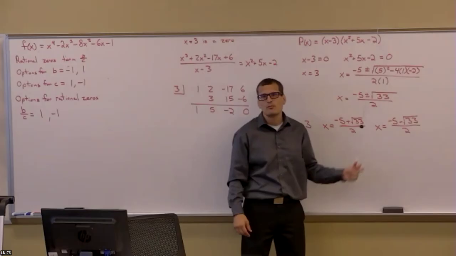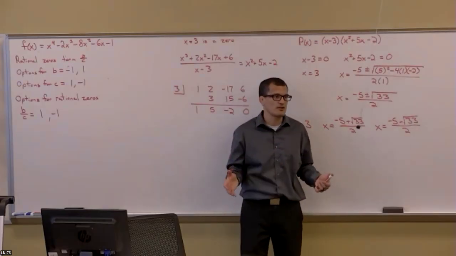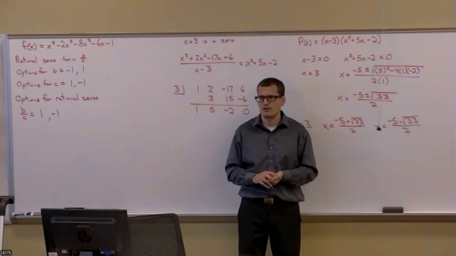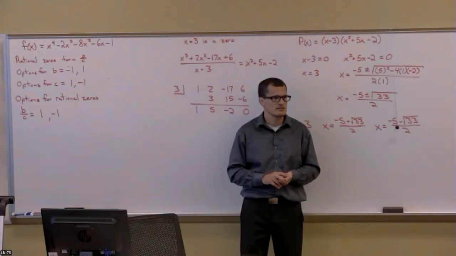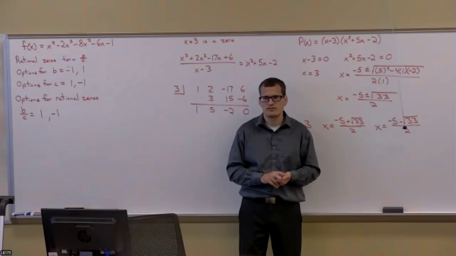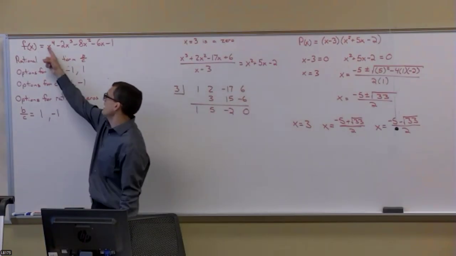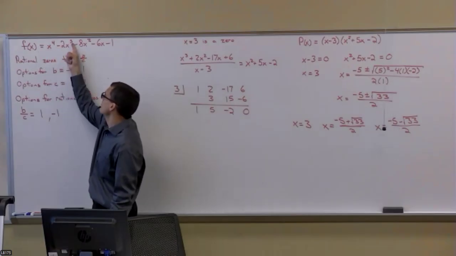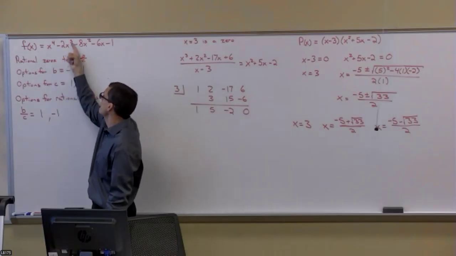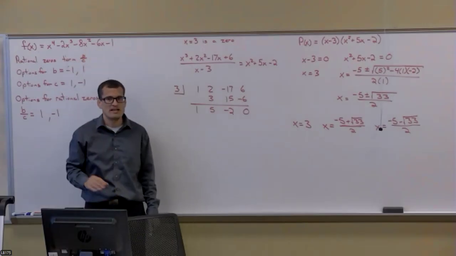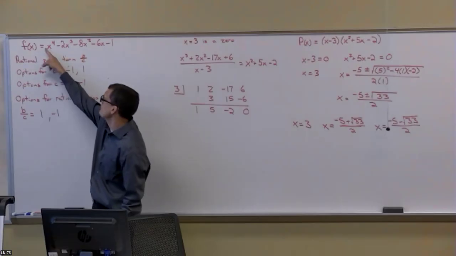In fact, other than plugging in 0 into a polynomial, 1 and -1 are really nice to plug into a polynomial. You guys know why that is? If I plug in 1, any number to the fourth power, any number to the third power, it's 1 to the fourth, 1 to the third, 1 squared, 1 to the first is just 1. So basically, when I plug in 1, I just have the coefficients.